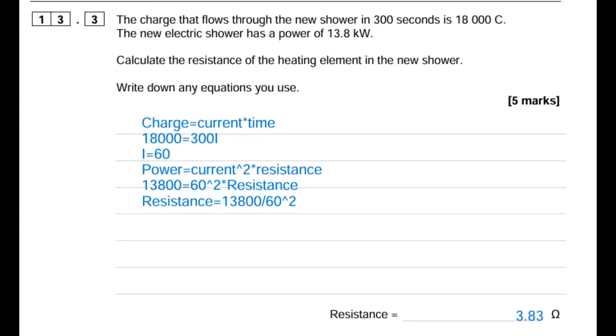Because the question states we have to write down any equations, I start off with charge equals current times time, which means that 18,000 equals 300 times the current, which means that the current is 60 amps. And then you're given in the formula booklet that power is equal to current squared times resistance, which means that 13,800 equals 60 squared times resistance, which means that the resistance of the heating element is 13,800 over 60 squared, or 3.83 ohms.